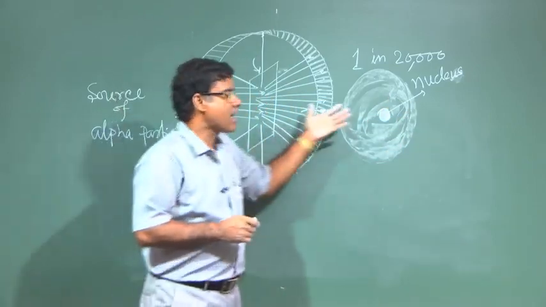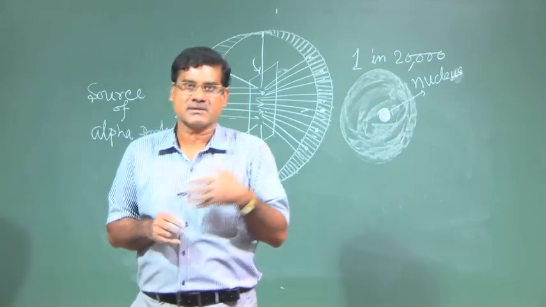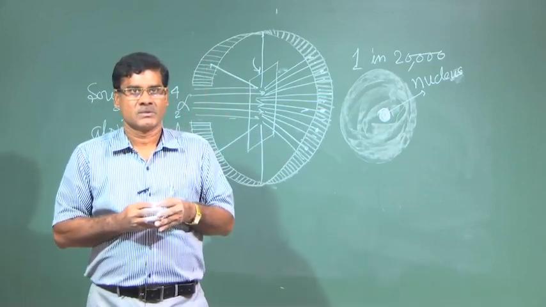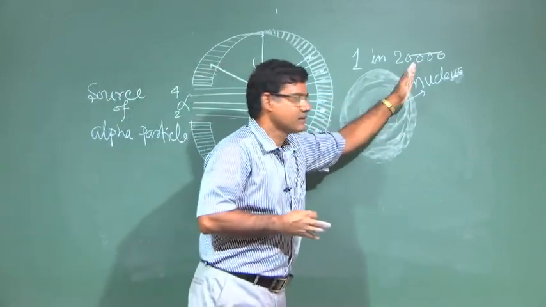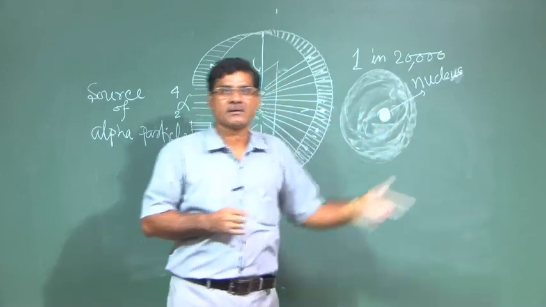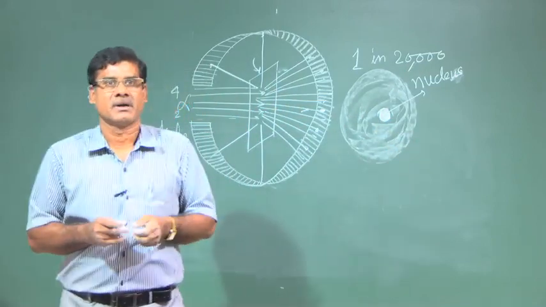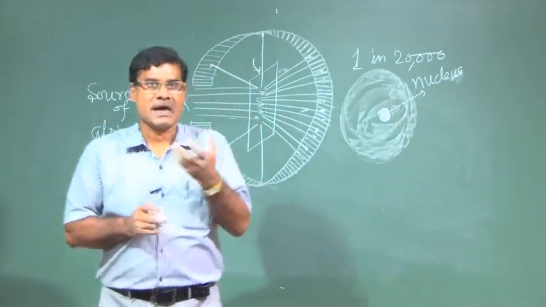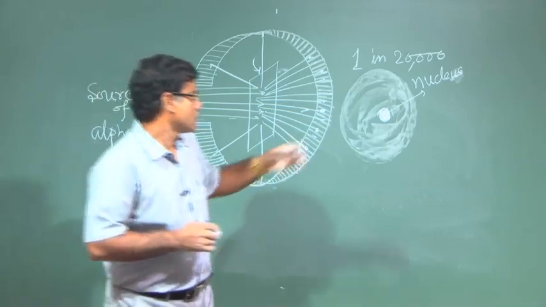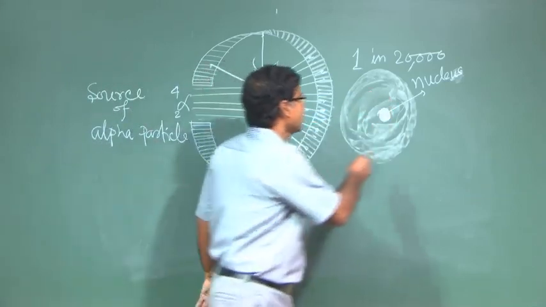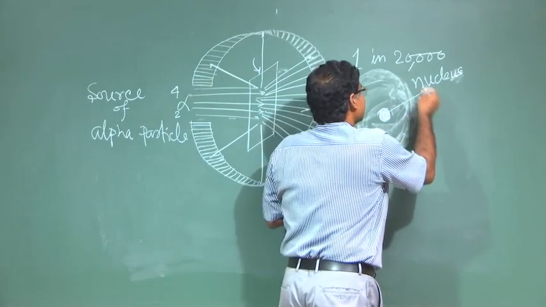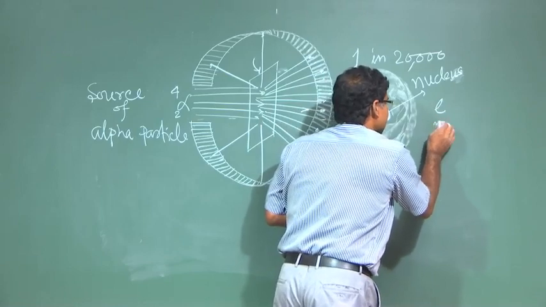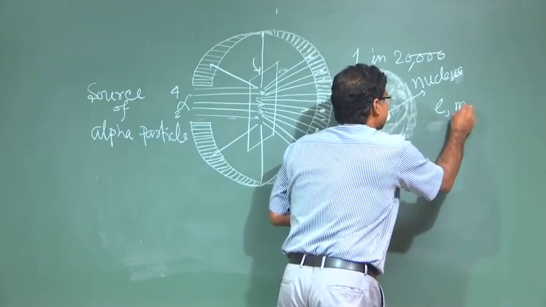Since the atom has electrons, which were discovered, and the atom is neutral, he then said that the nucleus is nothing but protons having positive charge. So that is why electrons are there in the atom.